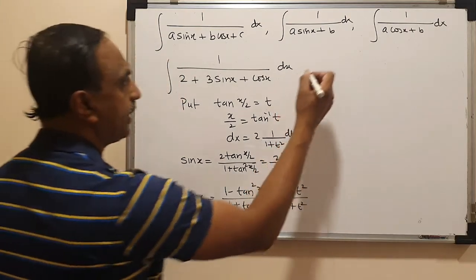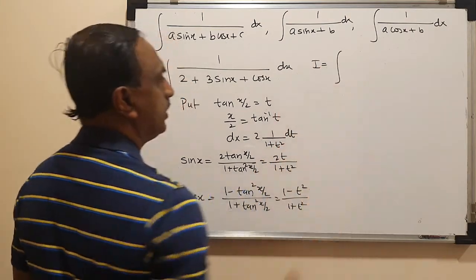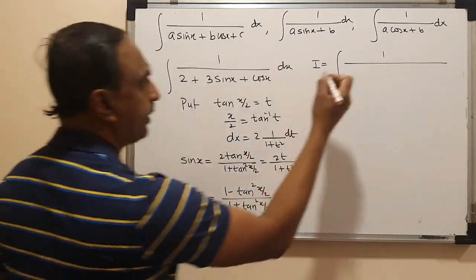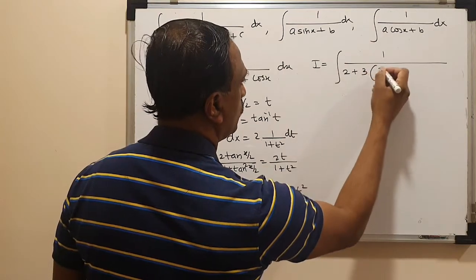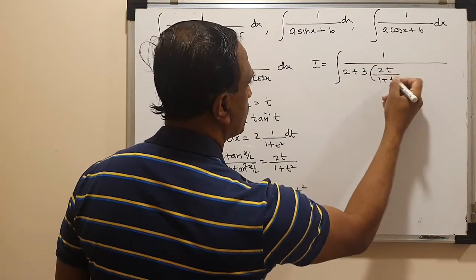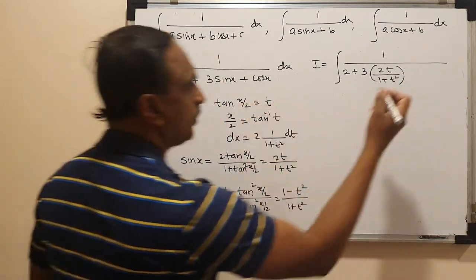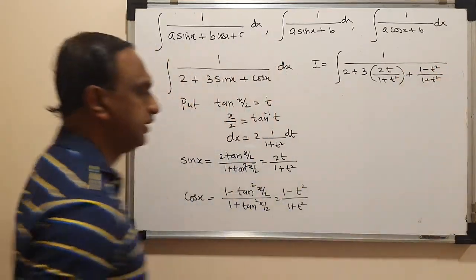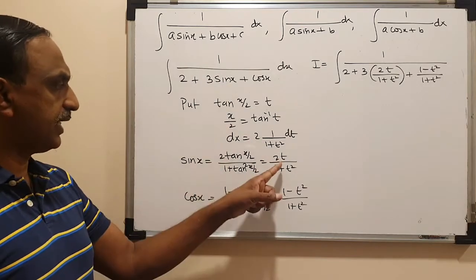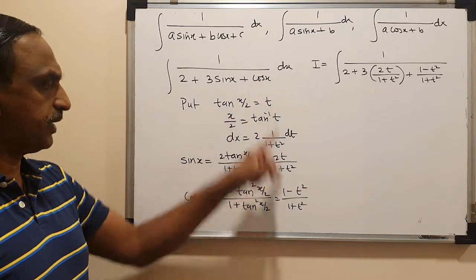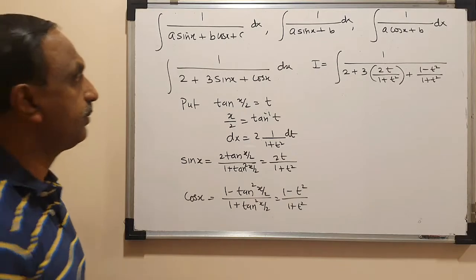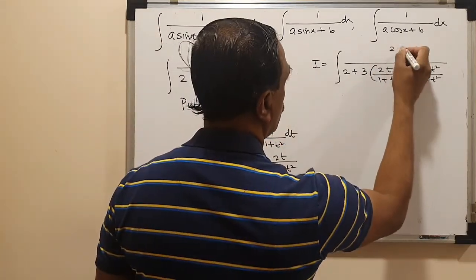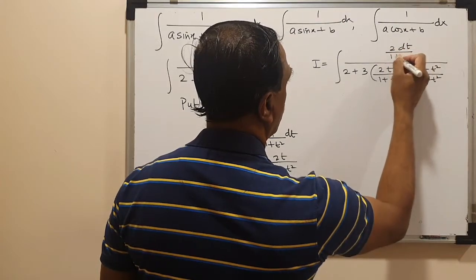So this integral became: the denominator will be 2 as it is, plus 3 into 2t upon 1 plus t square, plus cos x, which is 1 minus t square upon 1 plus t square. In place of sin x we replace 2t upon 1 plus t square, in place of cos x we replace 1 minus t square upon 1 plus t square, and in place of dx, I will write 2 dt upon 1 plus t square.